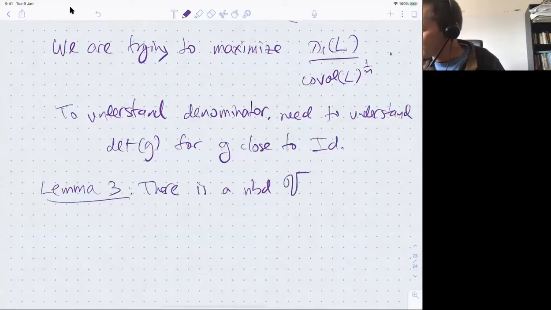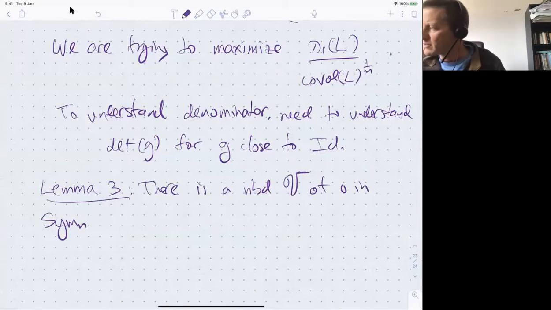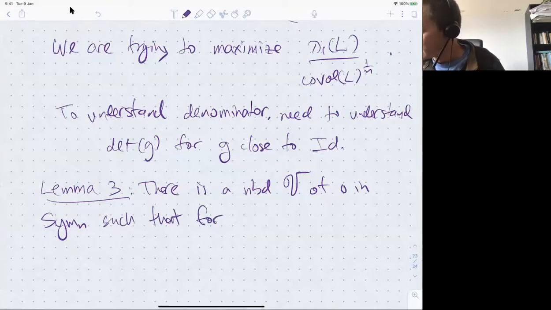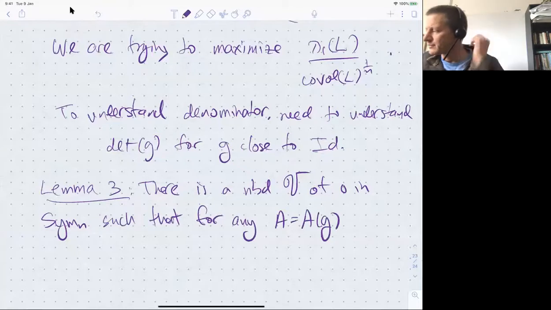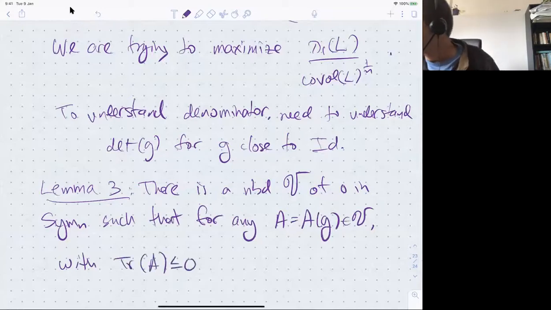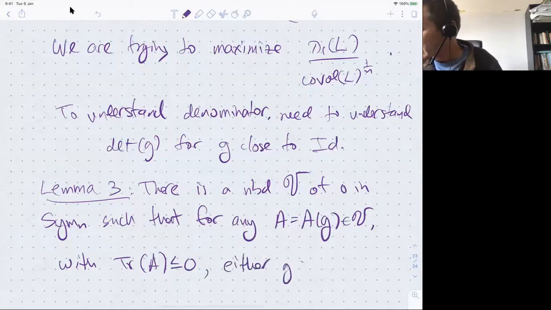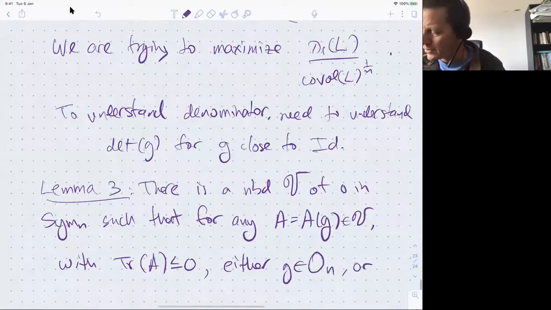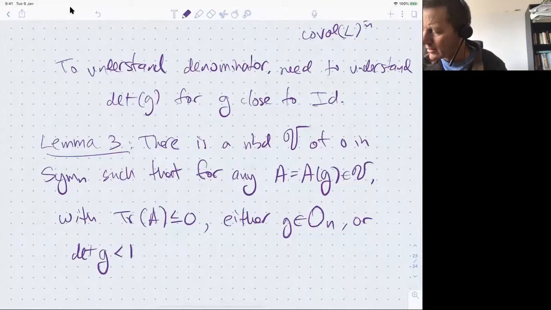So there's a neighborhood curly V of 0 in the space of symmetric matrices, such that for any A, which is A of G, in this neighborhood, as long as its trace is non-positive, either G is orthonormal or the determinant of G is less than 1.